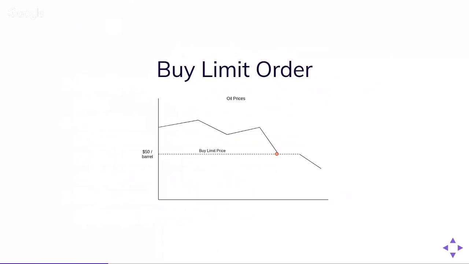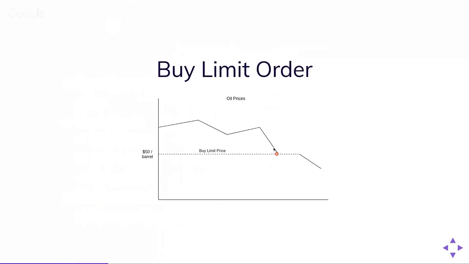So in this case, say you've put out an order saying, I will buy 10 barrels of oil at $50 a barrel. In this part of the graph, where the price of oil is above $50 a barrel, anybody who has a barrel of oil is not going to sell it to you at $50 a barrel because they have somebody else they can sell it to for more.